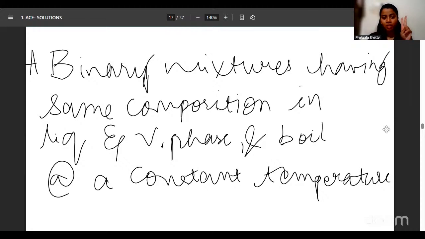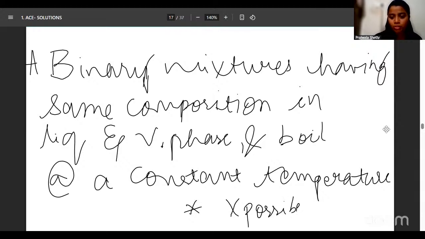It is not possible to separate the components by fractional distillation. Remember this point. It is not possible to separate by fractional distillation.